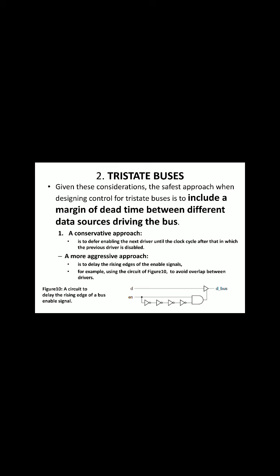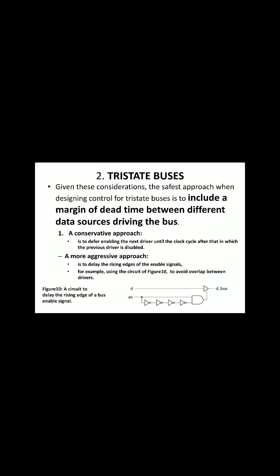We saw that all the data enable signals share a common connection in a tri-state bus. When this enable signal reaches different circuits at different time units, the skew will occur, the signals will overlap, and there is a chance of wrong data getting passed at the output. So in order to avoid this, we need some approaches.